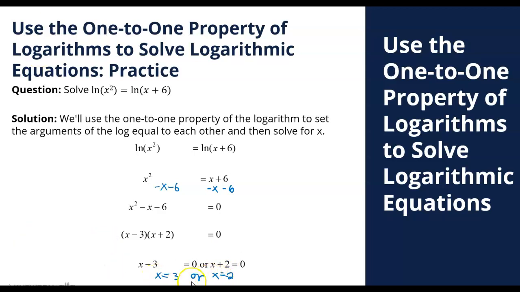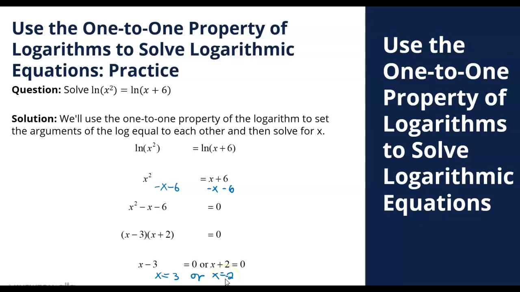Now, before we conclude that these two are the solutions, we have to go back to the original given and plug in each of these values. We have to make sure that each of the arguments is positive. So if x is 3, x squared is 9, so that's positive. And 3 plus 6 is also 9.